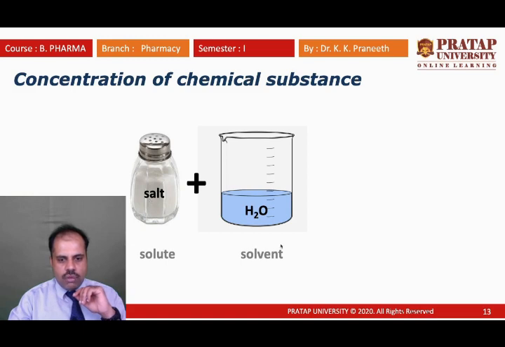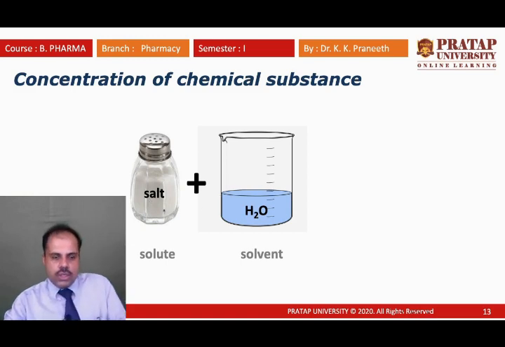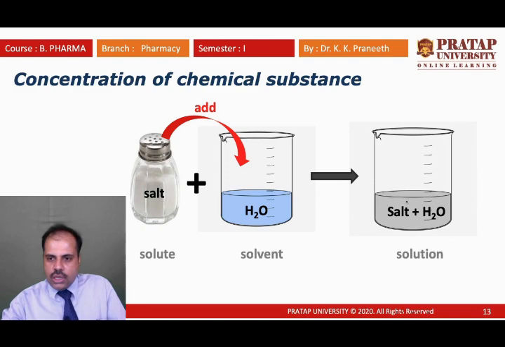So the water solvent is used to dissolve the solute, right? So what we can do is add this salt into this water. You add this. So what will happen? Salt will dissolve in water, right? So salt is dissolved in water, and this is what we get: salt plus water. So salt plus water is a solution.